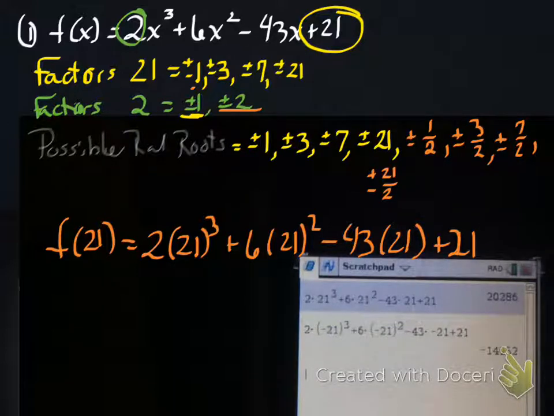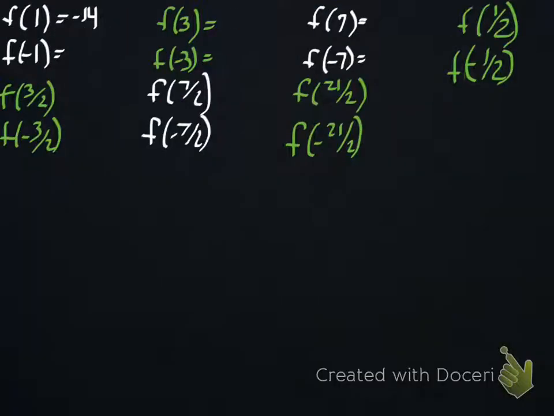So neither one of those ends up being 0. Negative 1, negative 51. What'd y'all get for 3? Negative 3? 0. So it seems like these two are our factors, and we're going to find out here in a second by going back and using synthetic division on these.